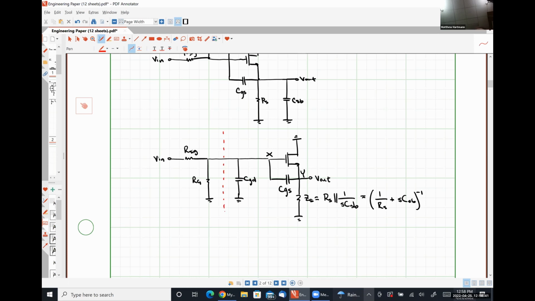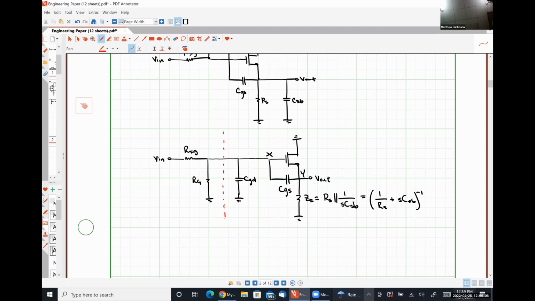I am going to effectively re-express everything to the left of this red dashed line with its Thevenin equivalent, just so I don't have to carry around so much baggage in our analysis here. So hopefully at this point, we should be able to figure out what the Thevenin equivalent of this is by inspection without redrawing it. So somebody tell me what that is.